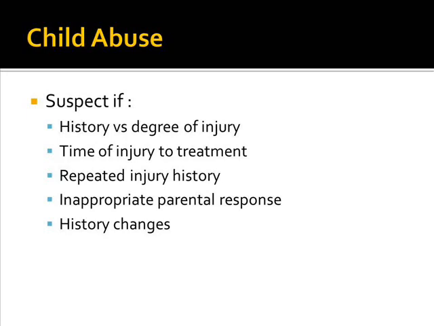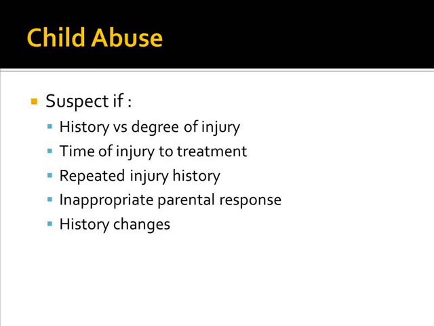Finally, we come to the topic of child abuse. Child abuse should be suspected if the history and the degree of injury do not coincide, if there's an undue delay in seeking treatment after injury, or if there's a history of repeated injury, as the so-called injury-prone child might actually be an abused child.